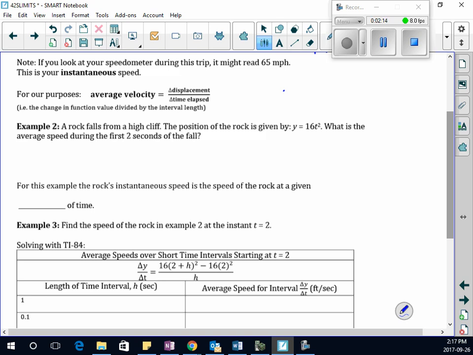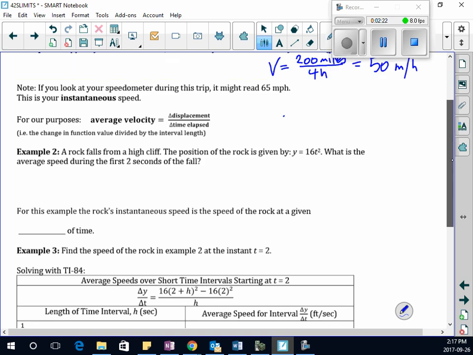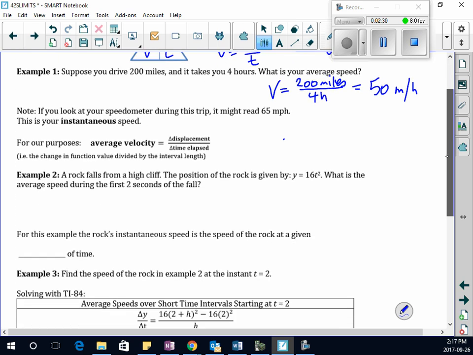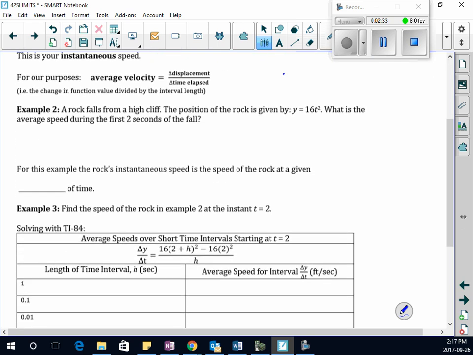So, how do we do this? Well, how did we do it over here? We found out the change in displacement, so we knew it was 200 miles. So how am I going to figure out how much I traveled?